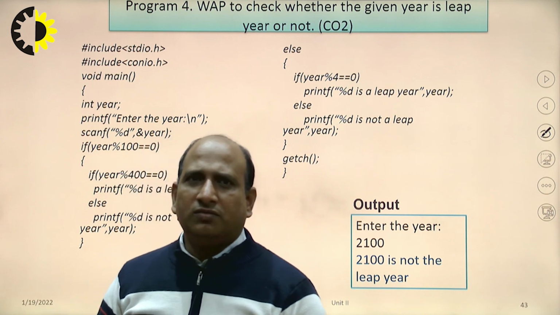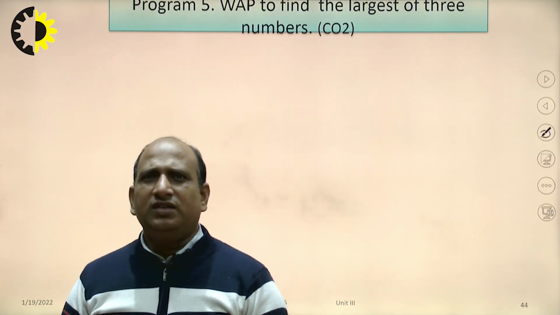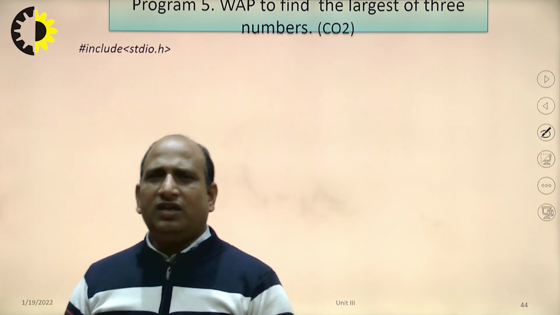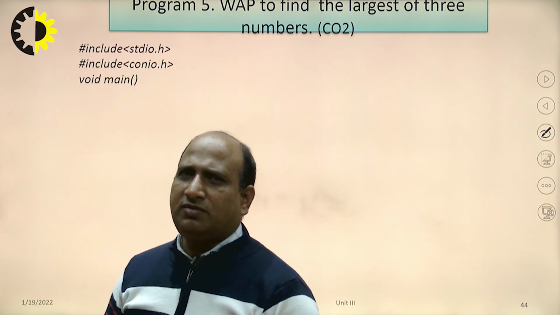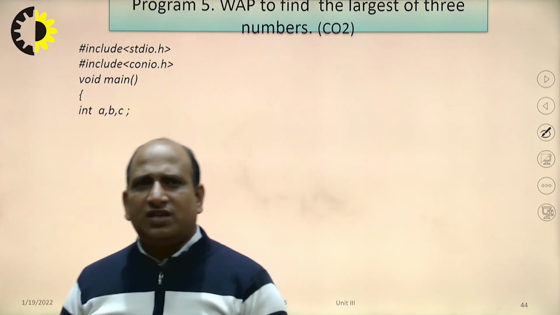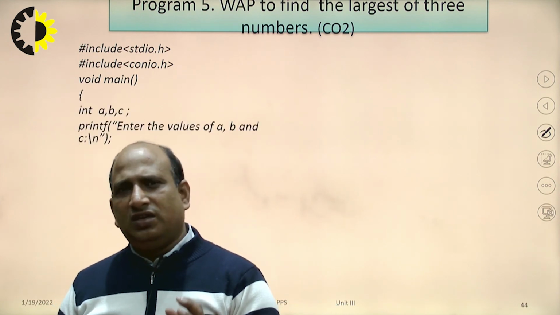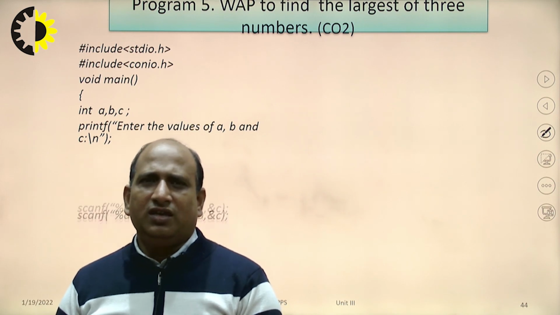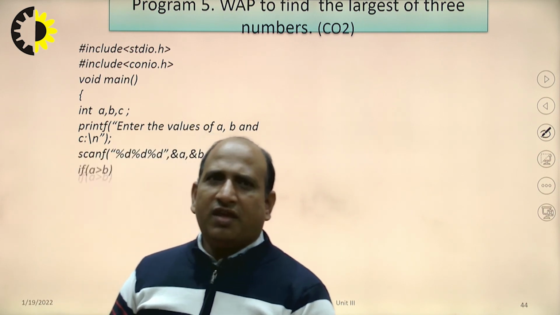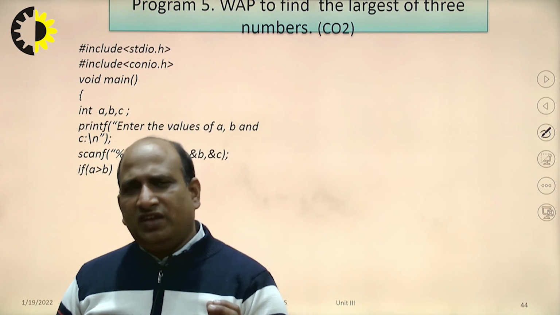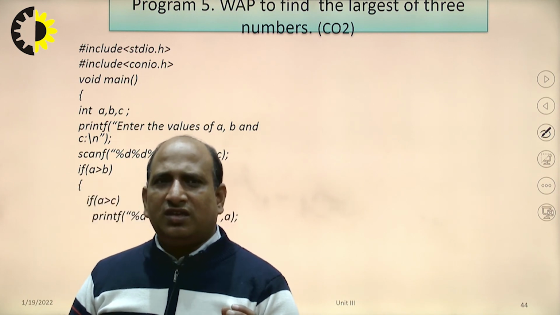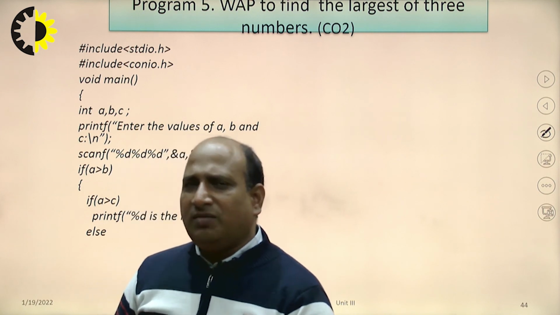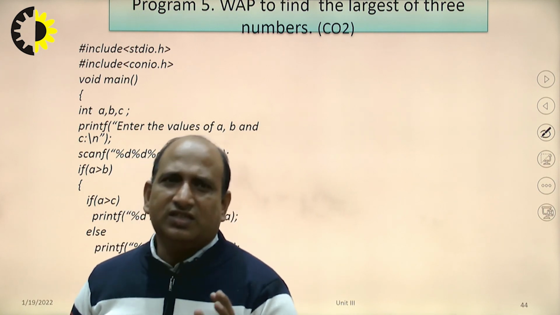Okay, now move ahead. Here is another program to find the largest of 3 numbers, and here also I have used the concept of nested if else. Firstly, the 3 numbers are to be entered. I have entered them in variables A, B, C and then checked if A is greater than B. If A is greater than B, I test whether A is greater than C also.